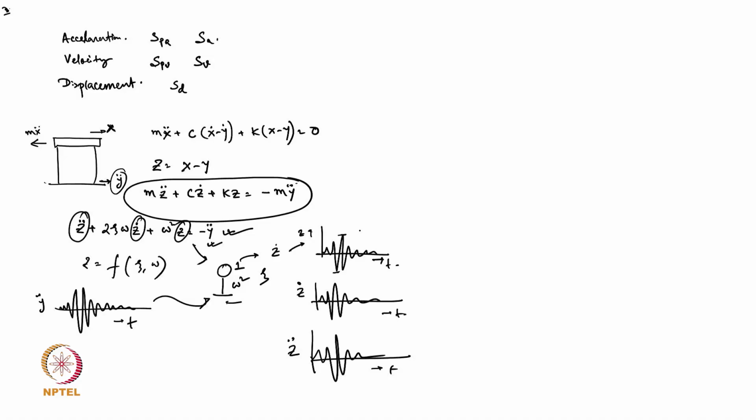If it is coming 0.2 and minus 0.25, your max of absolute of Z should be 0.25. So that is the maximum of absolute of Z we have to consider, and that is nothing but my SD.